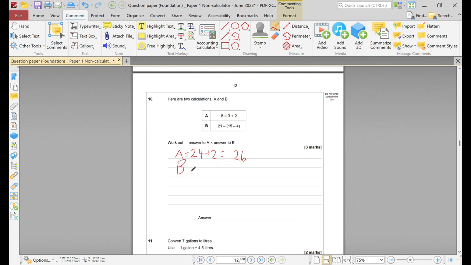B is, well, we've got some minuses going on here. So 15 minus 4, what's that? It's 11. So we can get rid of that now and call it 11. So we've got 21 minus 11. Well, that's 10. So I want A times B. So 26 times 10 is 260.